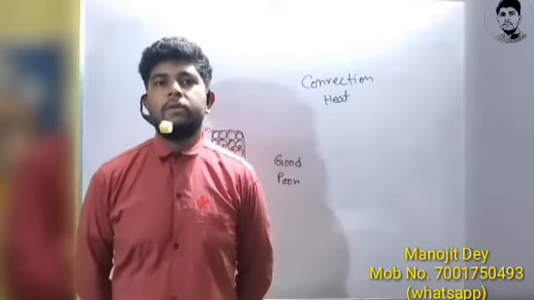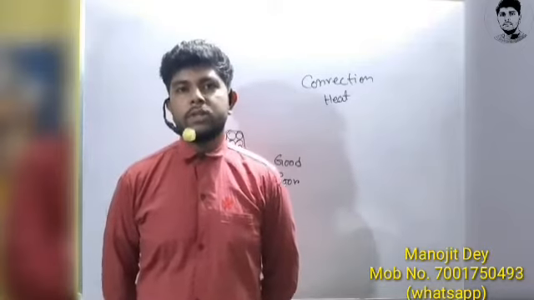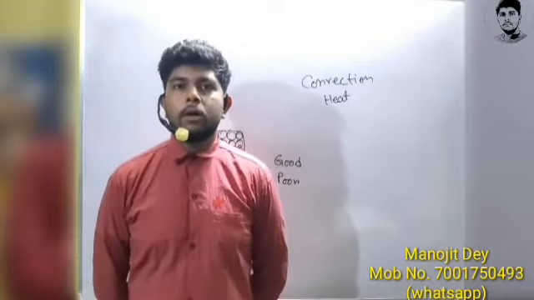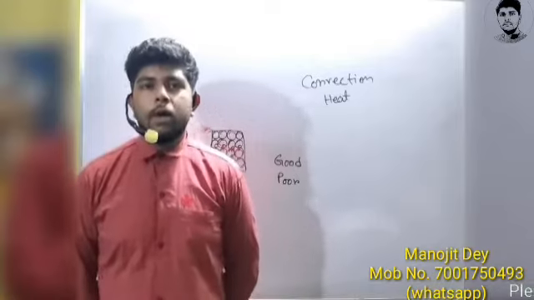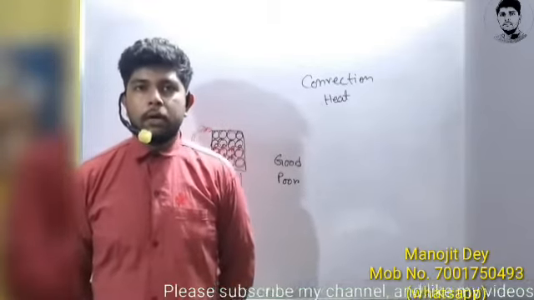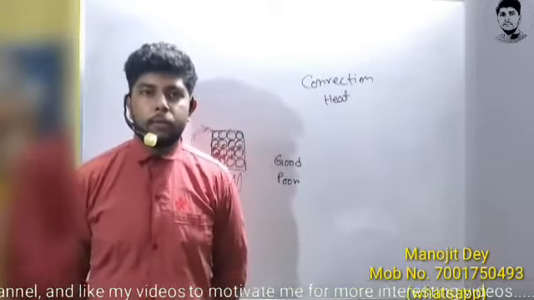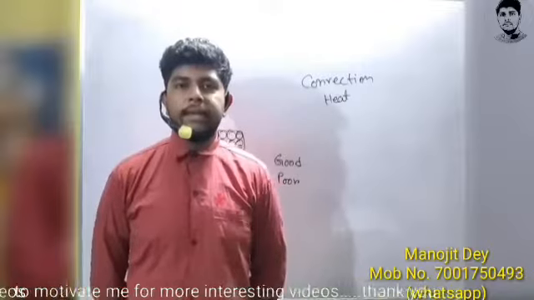Now we will talk about convection in air. The convection process also applies to gases and air. In nature, when sunlight comes to our planet, the bottom part of the atmosphere gets heated first.